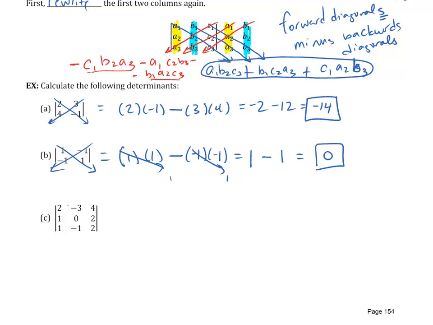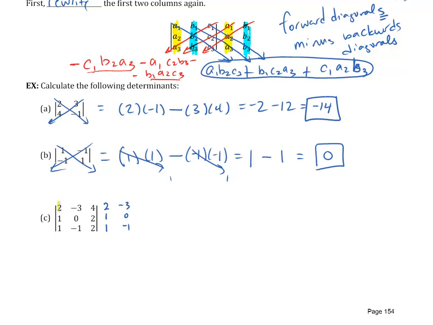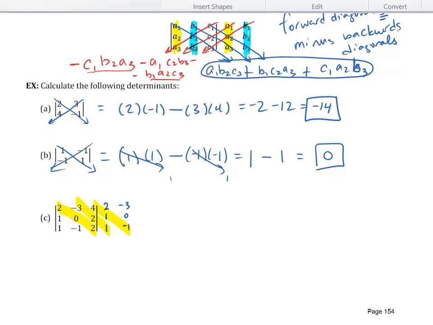Now, let's do the last one. Forward diagonal. Actually, first thing, what did I tell you to do? I told you to rewrite the first two columns. So 2, 1, 1, and -3, 0, -1. Now I'm going to do a highlighter instead. Let's do the forward diagonal. Boom, boom, boom here. Boom, boom, boom here. And boom, boom, boom here. So what do you get?